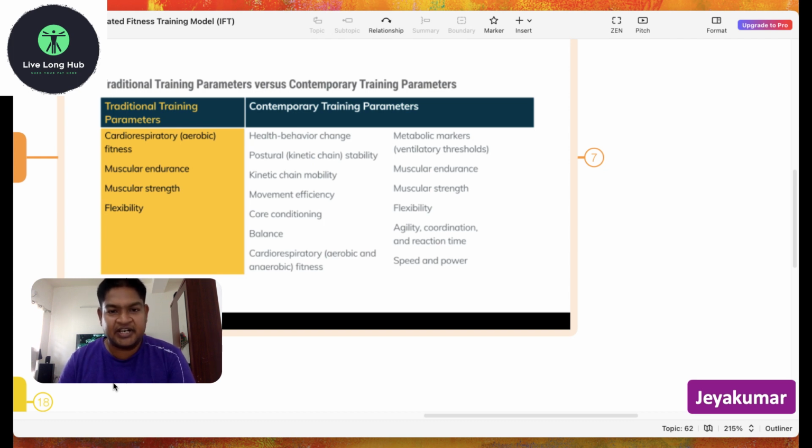But the contemporary training parameters are health behavior change, postural stability, kinetic chain mobility, movement efficiency, core conditioning, balance, cardiorespiratory fitness, metabolic markers like the ventilatory thresholds, muscular endurance, muscular strength, flexibility, agility, coordination, and reaction time. These are what is required for performance sports. And last is speed and power.